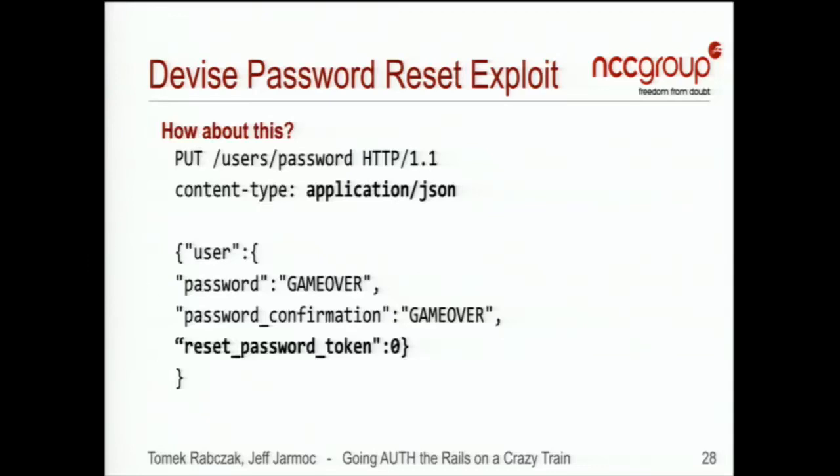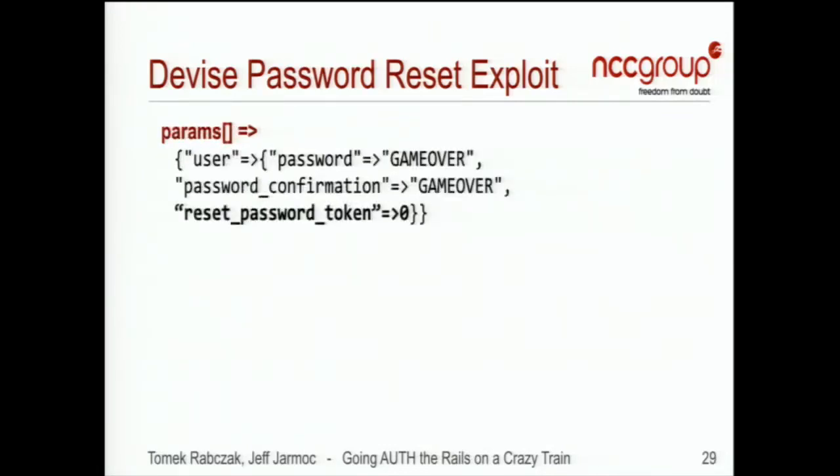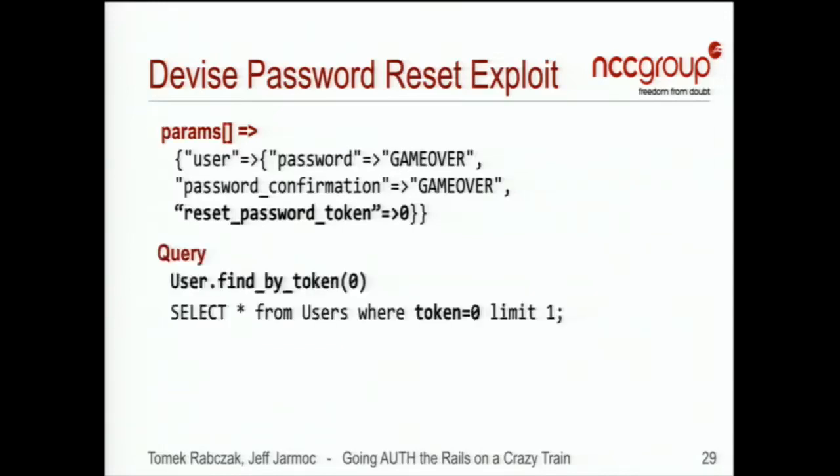Similarly with JSON, we could do something like this and pass a JSON body, setting up password, password confirmation, and the bolded bit there, reset password token 0. If you remember the MySQL comparisons, if the reset password token equals 0, it's going to match a string that begins with a non-integer. So we're going to end up with a query that looks like this.